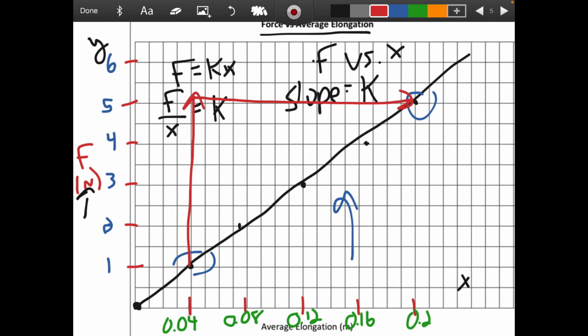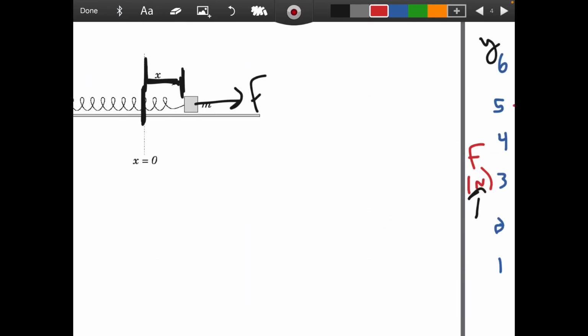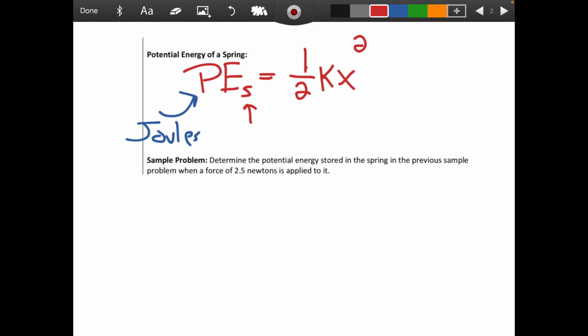Or you can do the traditional change in y over change in x and calculate the slope that way. So I'll give you a second to do that on your own. And when you do that, you should get 25 newton meters. Okay, so here, this spring, we have a spring constant of 25 newtons per meter.